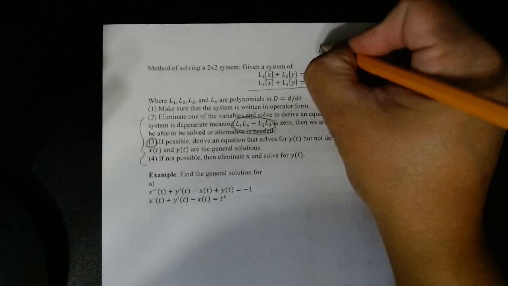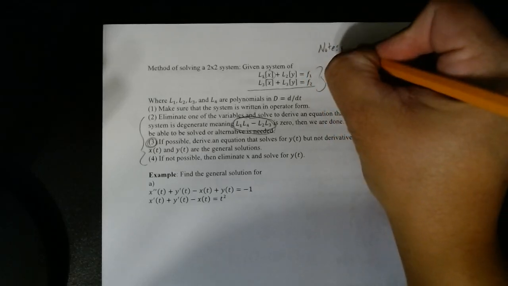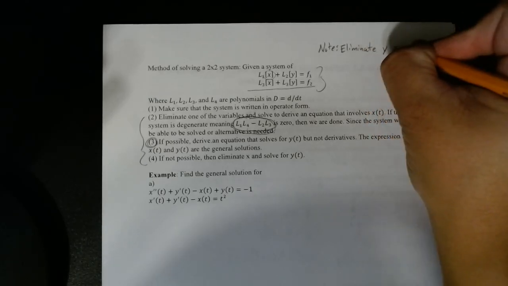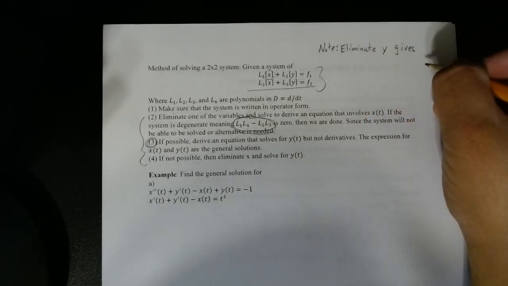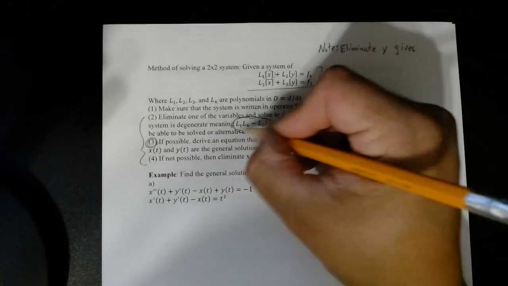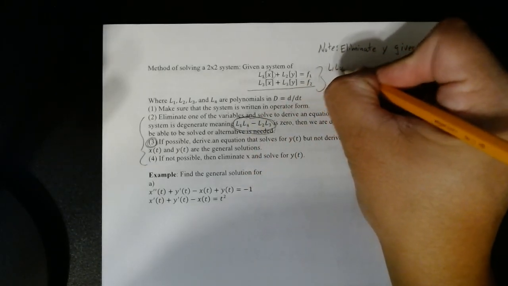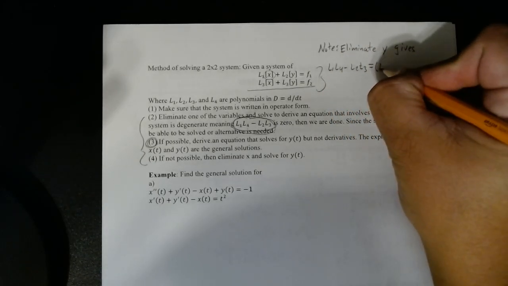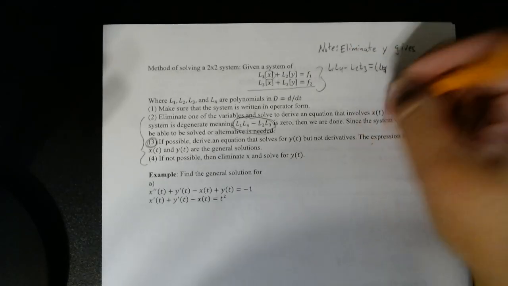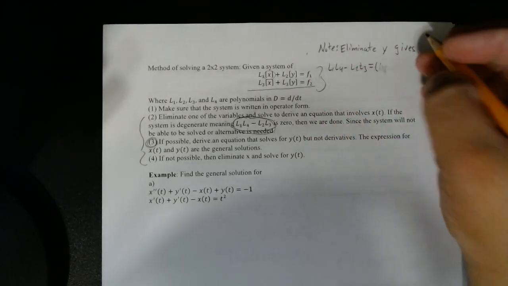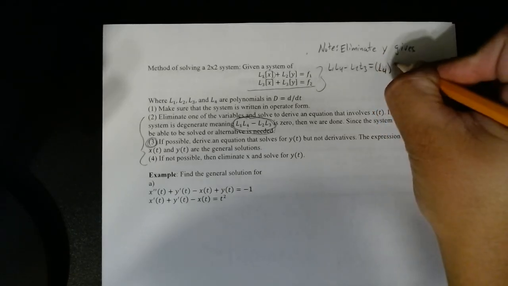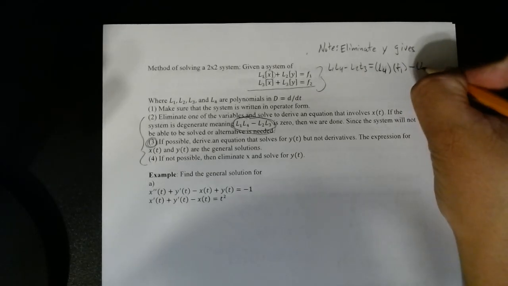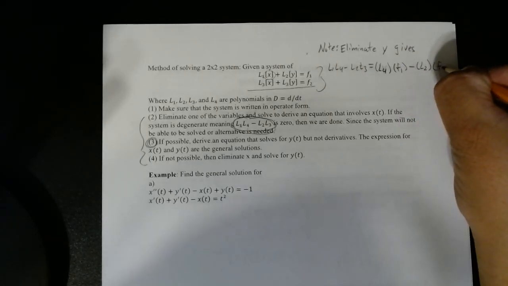So a little side note: if you want to eliminate the y's, okay, so this situation here, L1 times L4 minus L2 times L3 is what we're actually looking for, and it's going to be L4 times F1 minus L2 times F2.